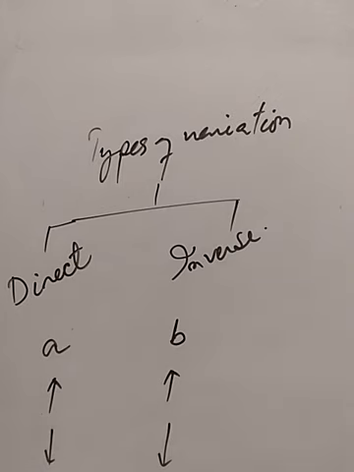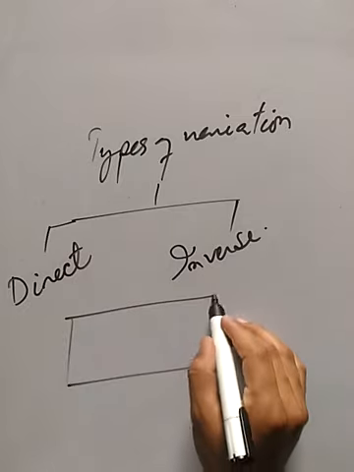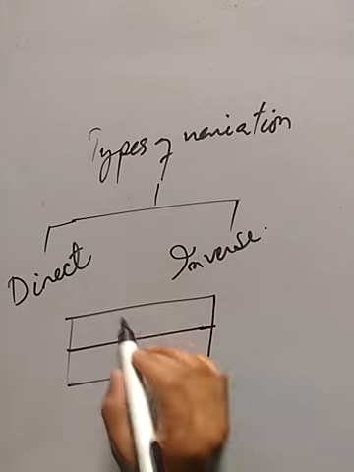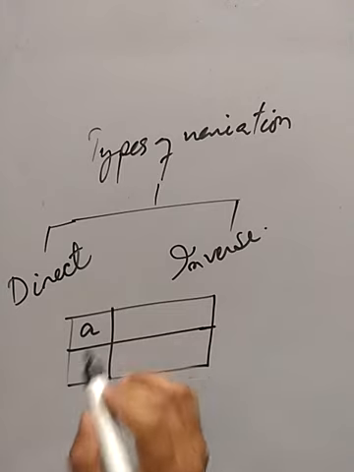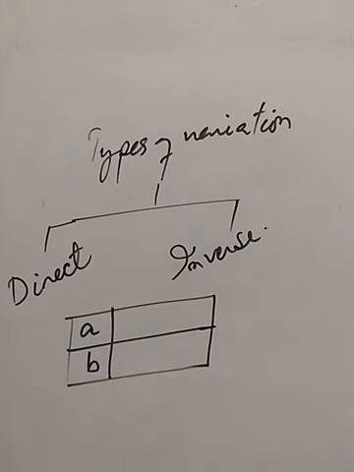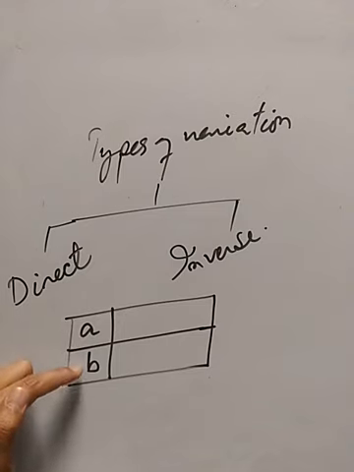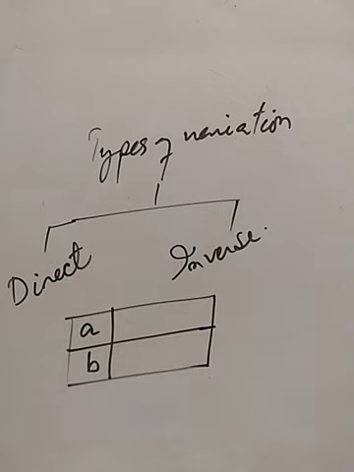Now there is something called constant of variation. I'll give the example now. I'll just make a table here. This is quantity A and this is quantity B. You can think that A represents the number of pens and B is the amount, the cost.